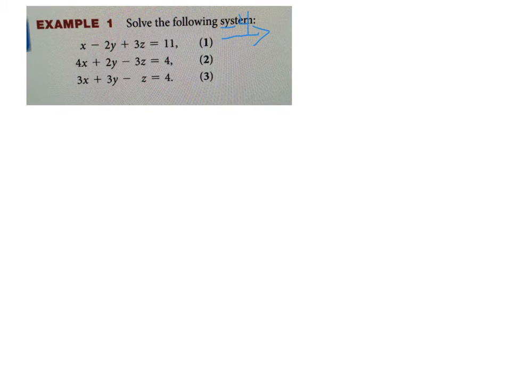So when we do that, we will have a negative 4x plus 8y minus 12z equals negative 44. Then we are going to add that to equation 2.